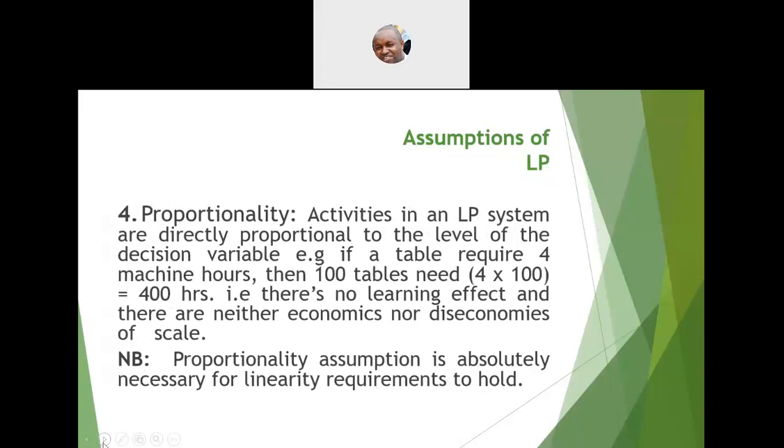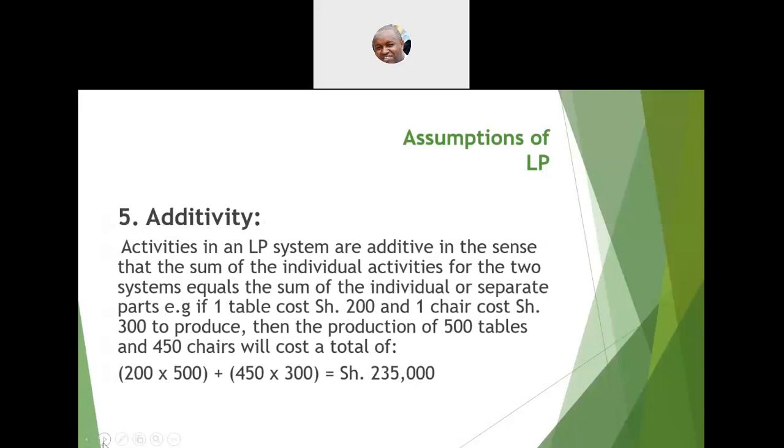We neither have advantages of large scale production or disadvantages of the same, and we have got no learning curve. And again, the linearity has to hold. Then it should be additive.